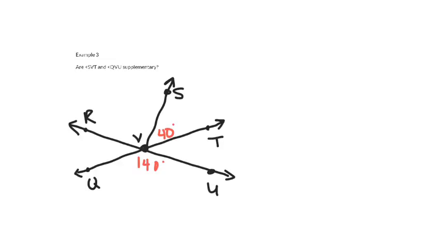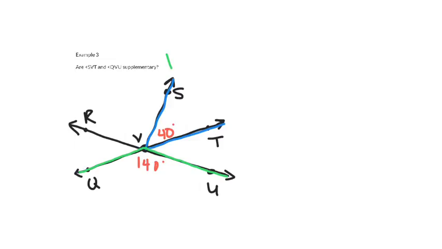Alright, are angles SVT and QVU supplementary? SVT is this angle here, labeled 40, and QVU is this angle here, labeled 140. Well, if they're supplementary, they're not a linear pair, because they're not adjacent and they don't make a line, but they could still be supplementary.